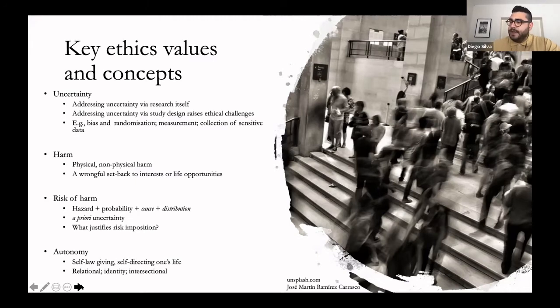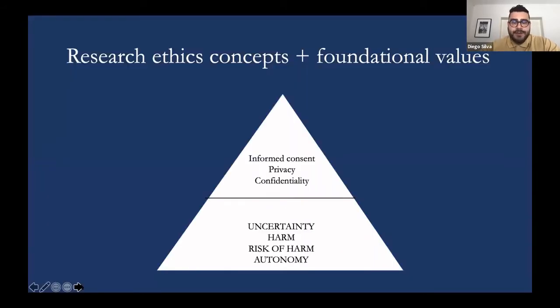Critically, autonomy and informed consent aren't one and the same thing, right? There might be other ways of protecting autonomy that don't necessarily include informed consent. And this often comes apart in the context of public health research. There's tension between these two things. We'll set that aside for now, but I just want to say, again, these two things aren't one and the same.